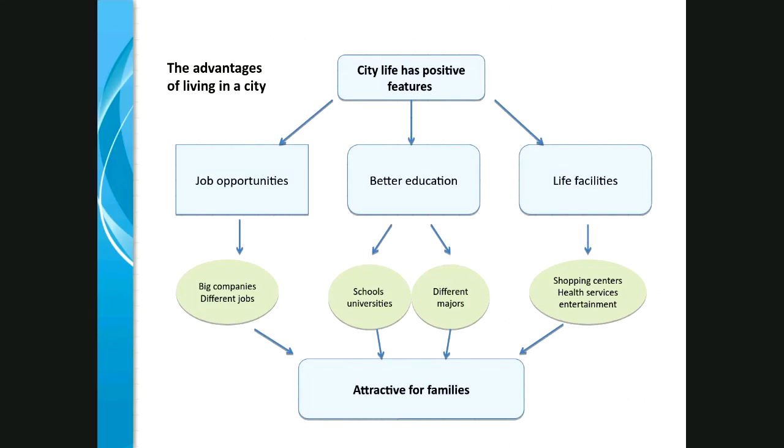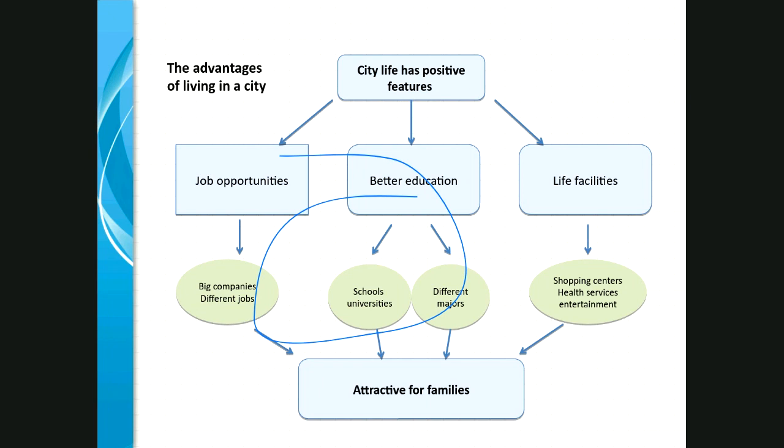After that, we have included our main ideas. So first, we have job opportunities, our first main idea. So one of the positive features, هذه ليش السمات الإيجابية للي يبغى يسكن في المدينة, إنه there are some job opportunities.